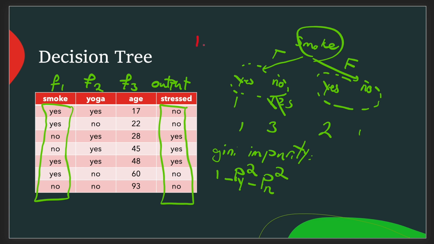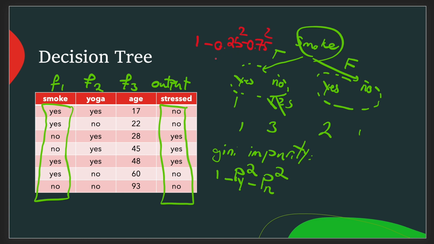It's 1 minus, what's the probability of yes? We have 1 out of 4. We have 1 person in this class and 3 in this class. So we have 4, and it's 1 over 4, which is 0.25, squared, minus 3 over 4, which is 0.75, squared.